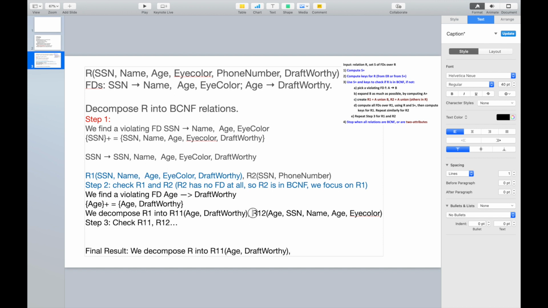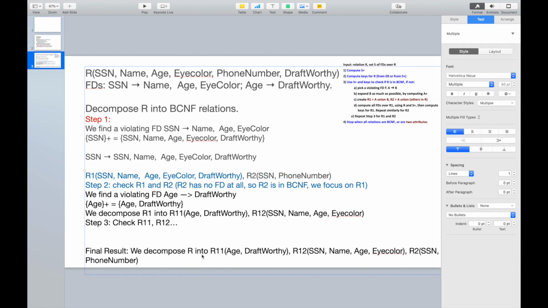The second one we get is R12, age, SSN. Here age is duplicated, therefore we can remove it. So R12 should be SSN, name, age, and eye color. And the third one we get is R2. So we can decompose this relation R into 3 relations, R11, R12, and R2. And we can also check that they are all in the BC normal form.